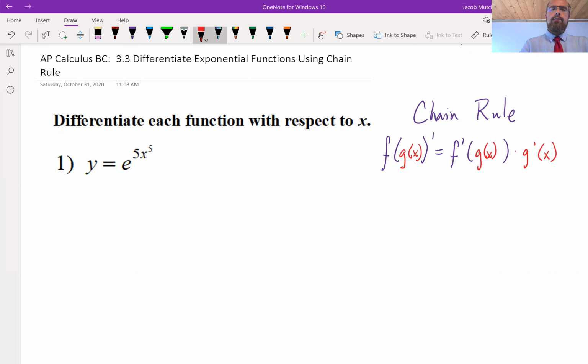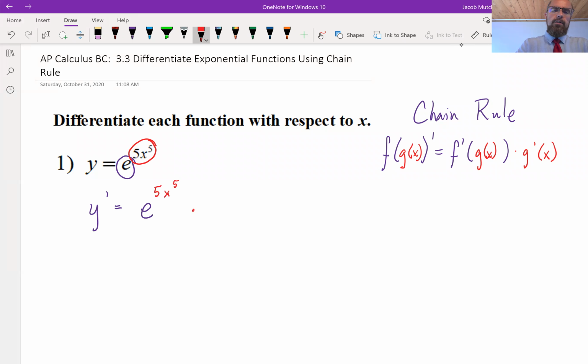So my f function is going to be e to the power of 5x to the fifth. My g function is 5x to the power of 5. So if I'm going to take the derivative of y, I'm going to take the derivative of e to the power of 5x to the fifth, which is, again, the same as the original, e to the power of 5x to the fifth.